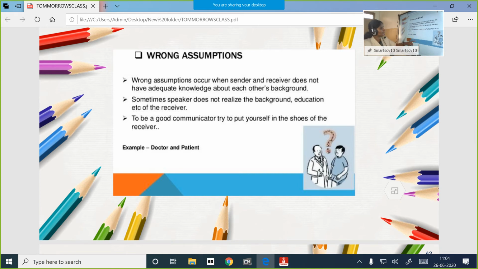To be a good communicator, you should put yourself in the other person's shoes. Very good. When we speak to another person, we should always consider their point also. We should not go and fight with another person unless we know how much they are worried about. Everyone is suffering.